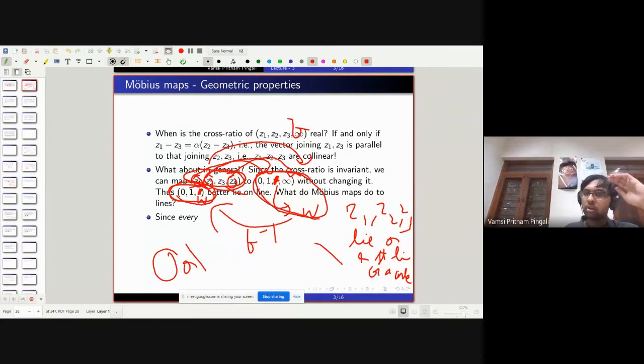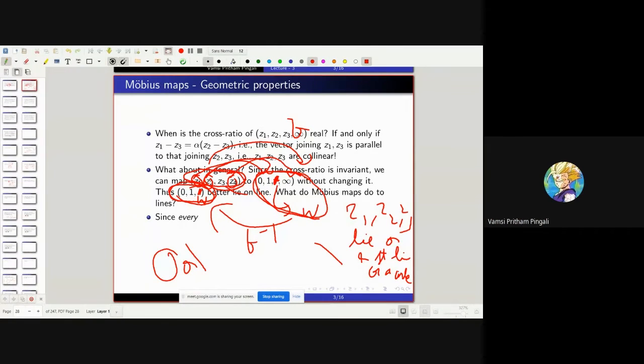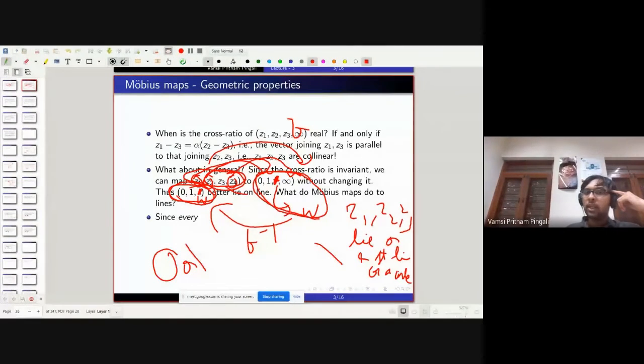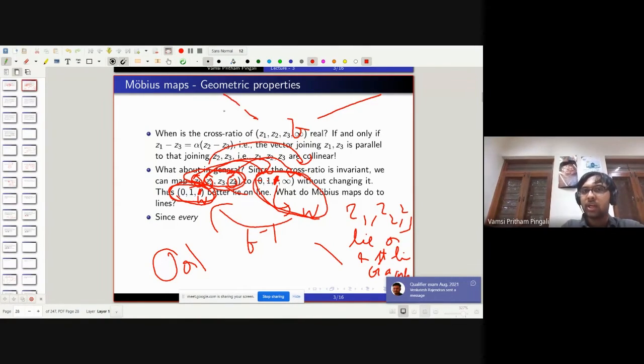I leave it to you to think about it, but I claim that this much is enough to guarantee that the points lie on a straight line or a circle. In fact, 0, 1, W and infinity all lie on one single straight line, and that straight line goes to a straight line or a circle.